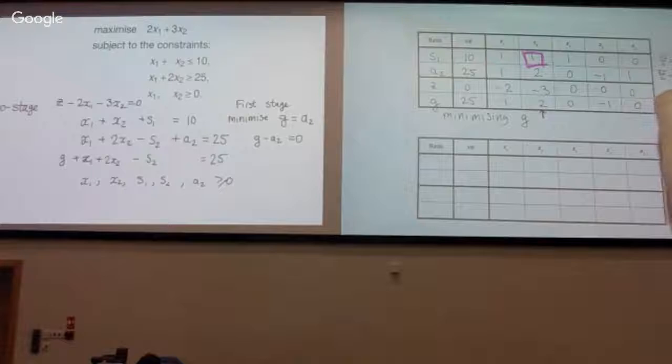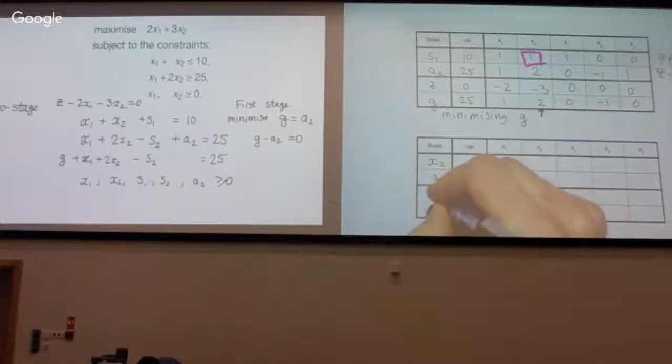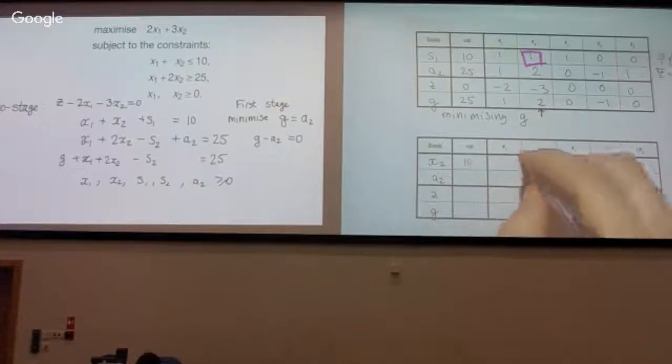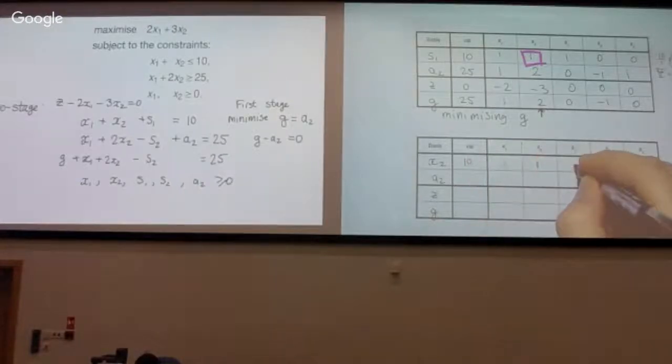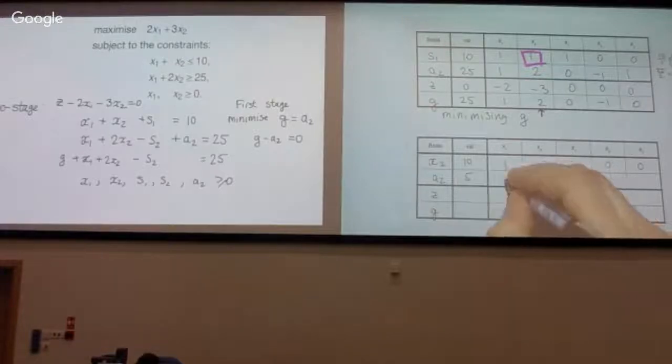So when I do the pivot step, the basis changes to x2, a2, z, and g. The first row is divided by 1, and the rest I have to work out, and I get 5 minus 1, 0, minus 2, minus 1.